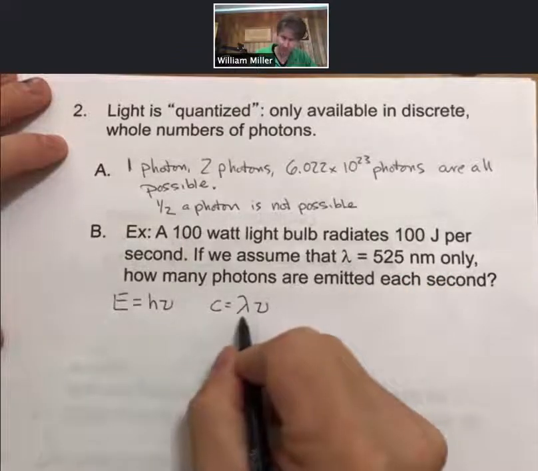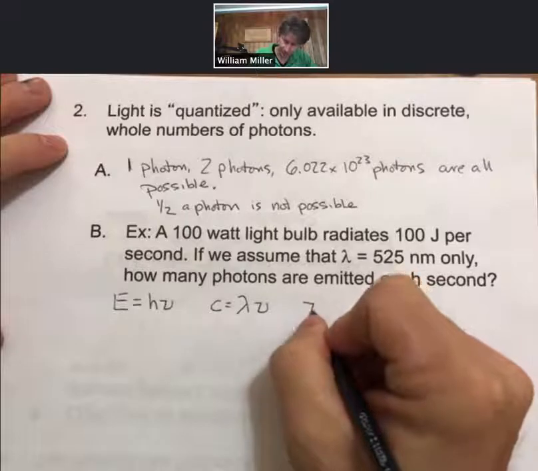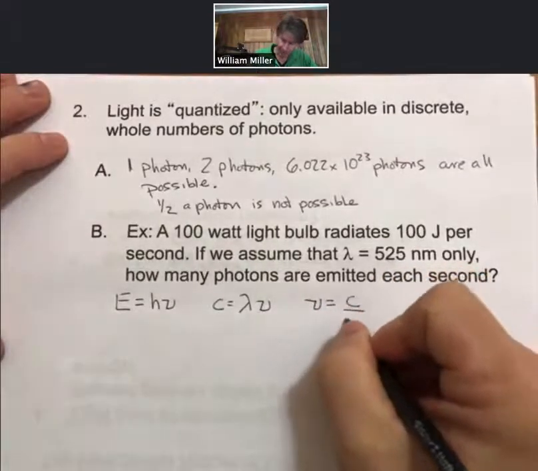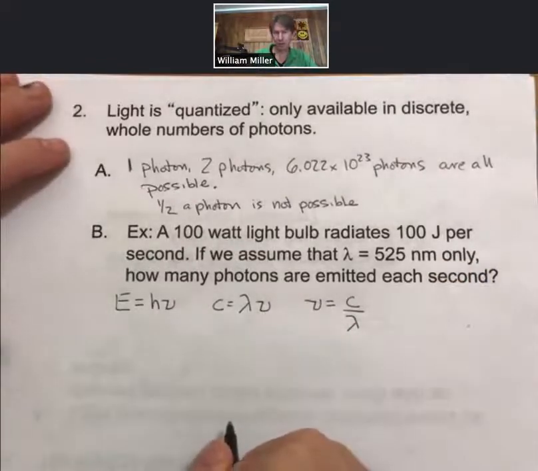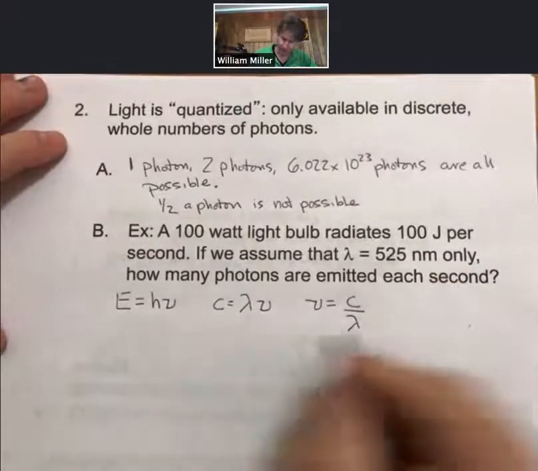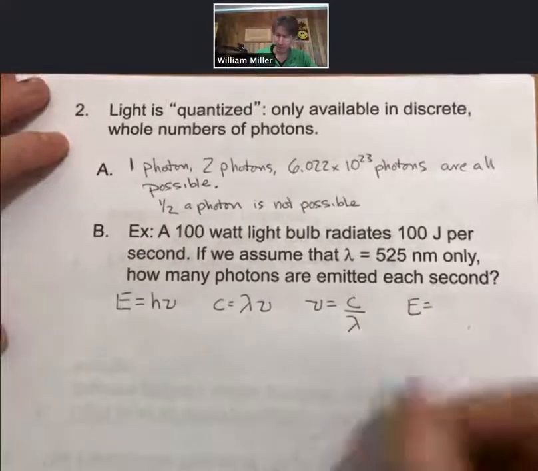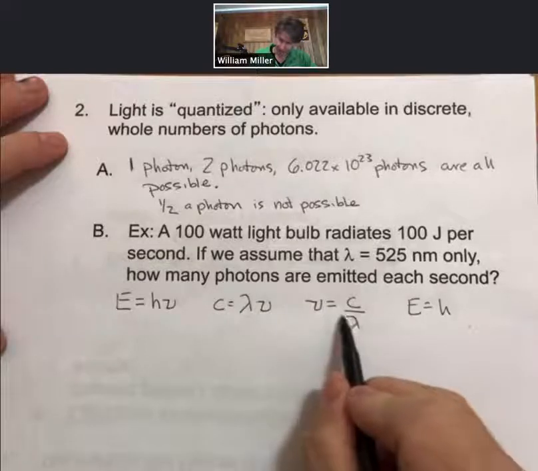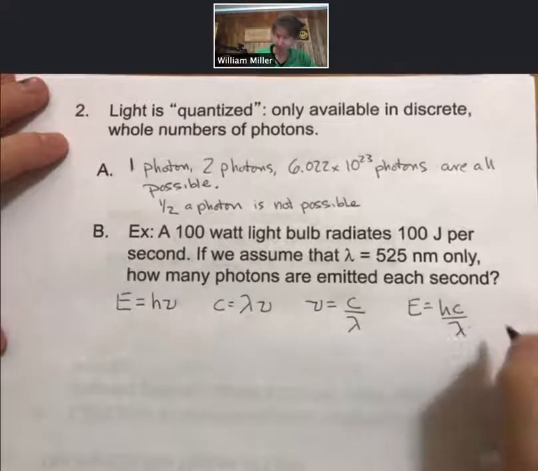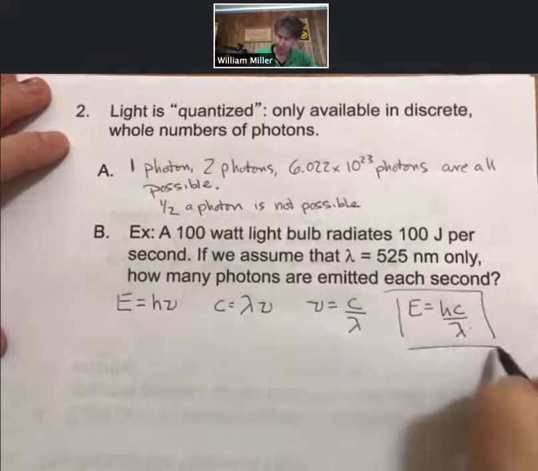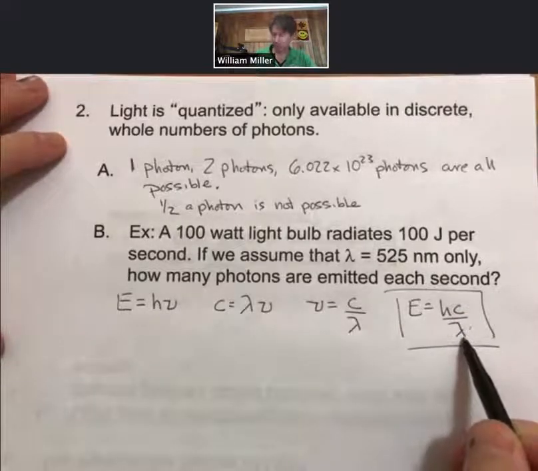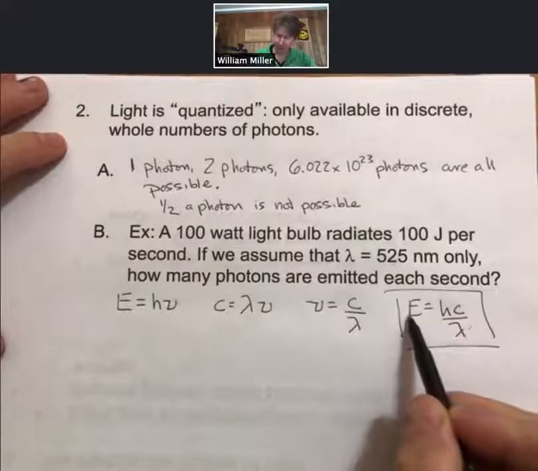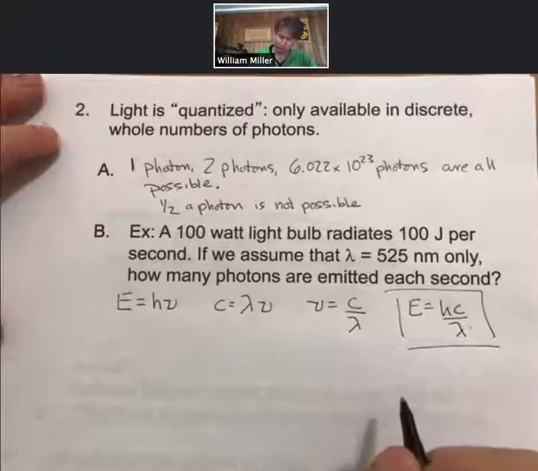So rearranging this equation, we have frequency equals c, the speed of light, over wavelength, and then plugging that into the energy equation, energy equals h, Planck's constant, times c over wavelength. So here's the equation we're going to use to relate the wavelength that we've been given to energy, and that will be for a single photon.